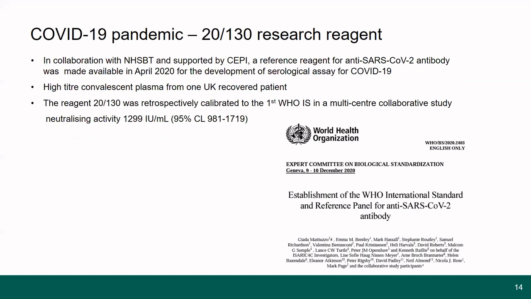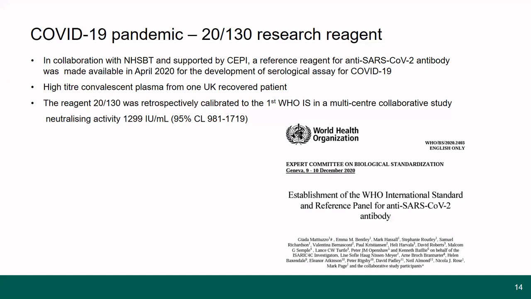So mindful of that, when COVID-19 came along, we decided to have a different approach. We provided people with a research reagent that was available towards the end of April 2020, which is high titer convalescent plasma from one UK recovered patient. This was possible thanks to the collaboration between ourselves, CEPI, and the NHSBT.